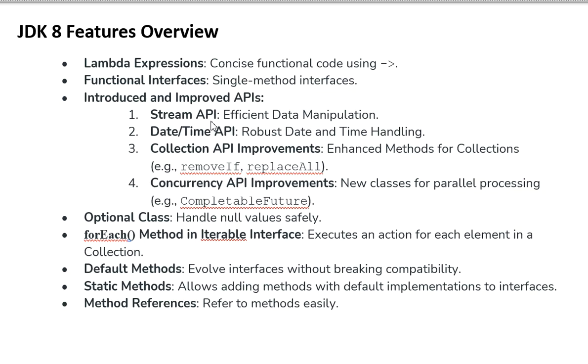So in JDK 8, default methods and static methods, and then the last one is method reference. Method reference is used to refer to methods easily, where the method itself can be passed as a reference. So that is what method reference is.